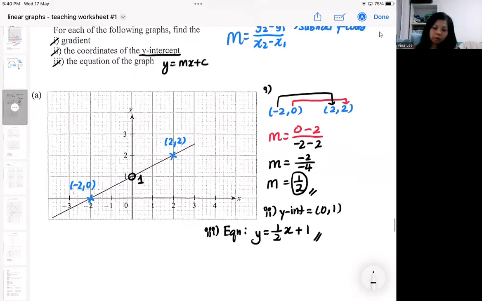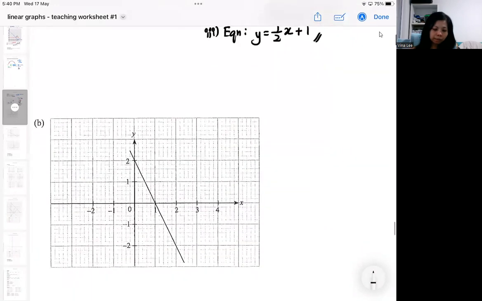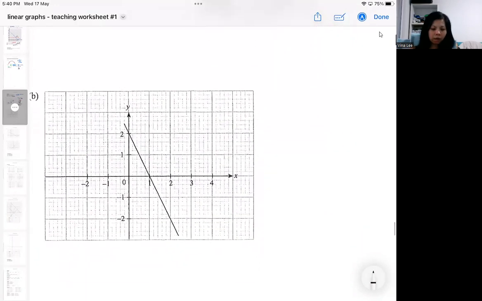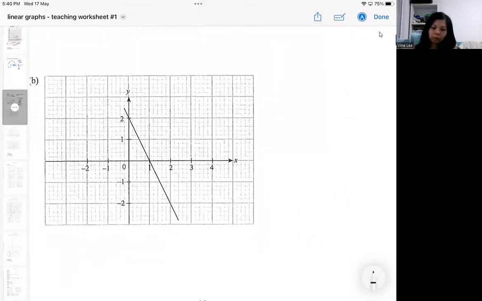Okay, so again, we're going to try the same thing on the next one. The next one, you find that the line is downward sloping. So you will be expecting a negative gradient. You can choose any point that you like.